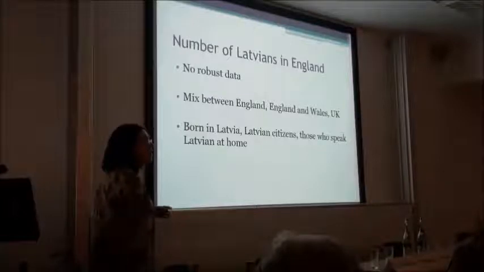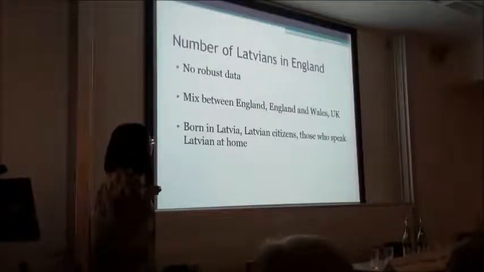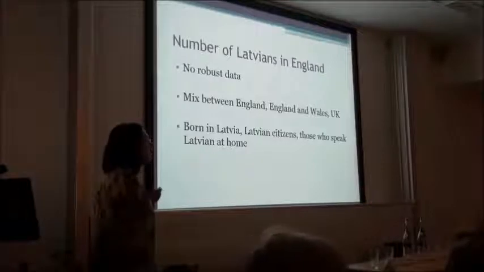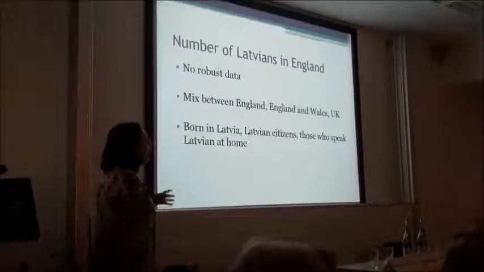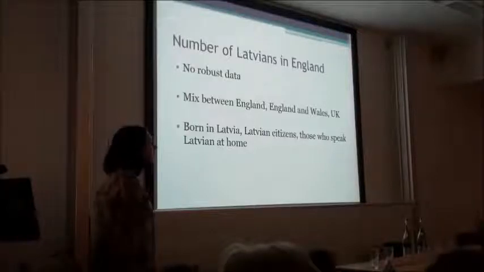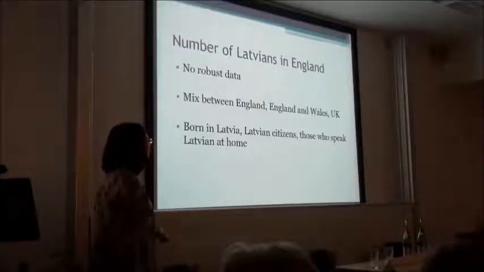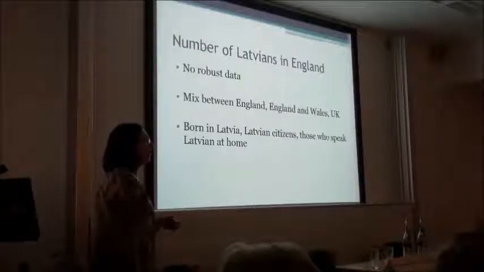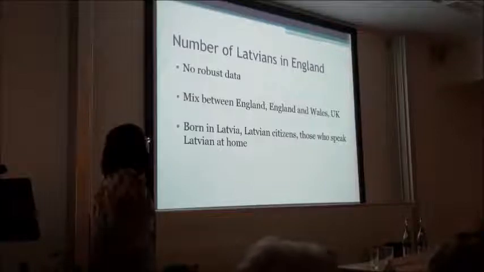If you look at different data sources like the census or others, there is also a mix in what geographical area you cover. Some look at England, then the census looks at England and Wales combined. Then you have the UK, then sometimes it's England, Wales, Scotland, but not Northern Ireland, so it's quite a mess.